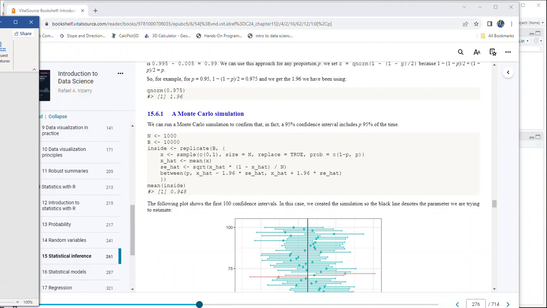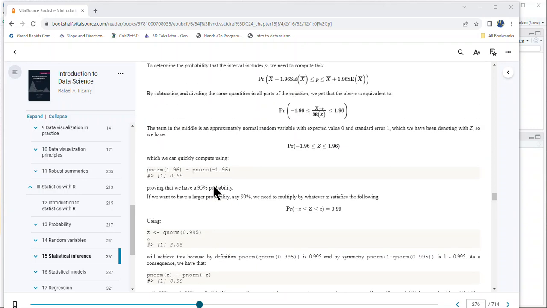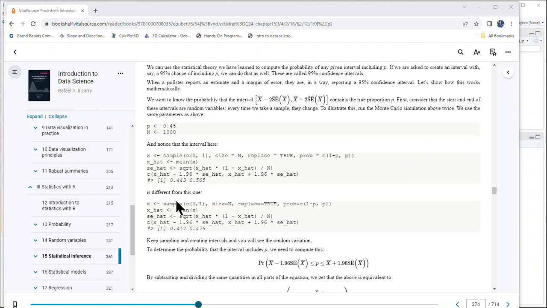So in this case, what they're doing is saying this x hat is the mean of x. And what the mean of x is from this simulation that we've done before, where we're taking a sample from a bucket of 0 and 1s, so no, yes, where the probability of success is 45%.